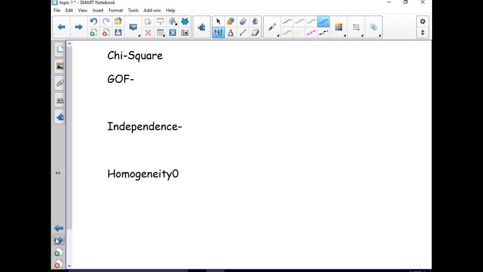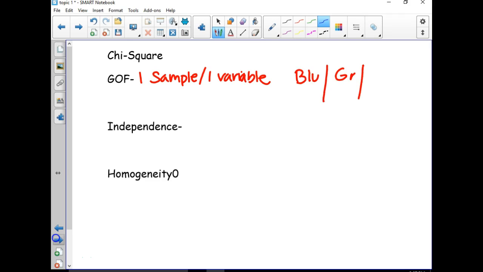Sound good? Okay, so goodness of fit is for 1 sample, 1 variable. This could be like the color of M&Ms, right? Blue, green, red, purple.